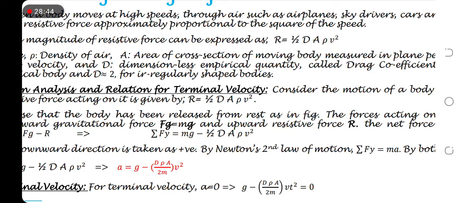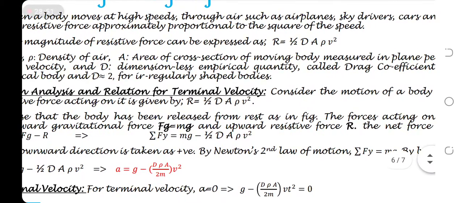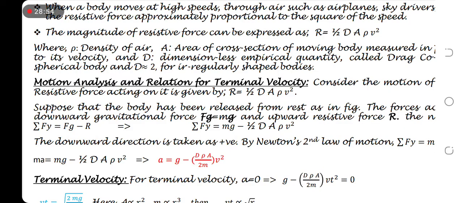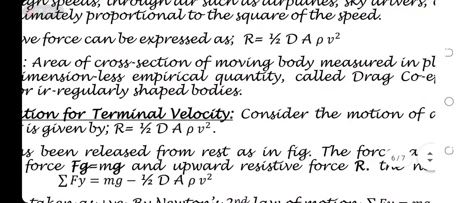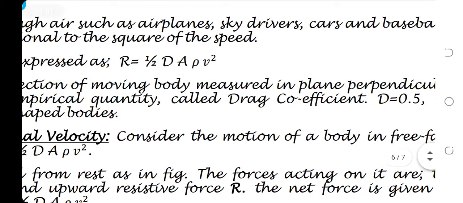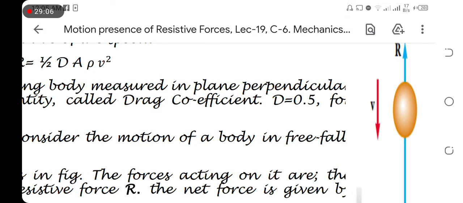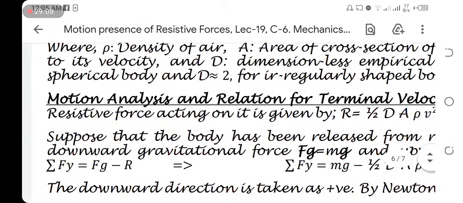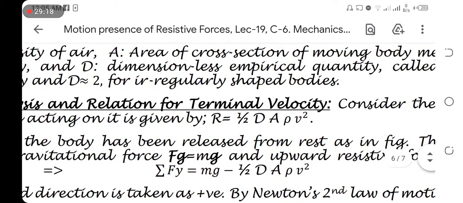A is the area of cross section of the moving body measured in a plane perpendicular to the velocity, and D is a dimensionless empirical quantity called the drag coefficient. D is 0.5 for a spherical body such as a ball, and approximately 2 for irregularly shaped bodies.